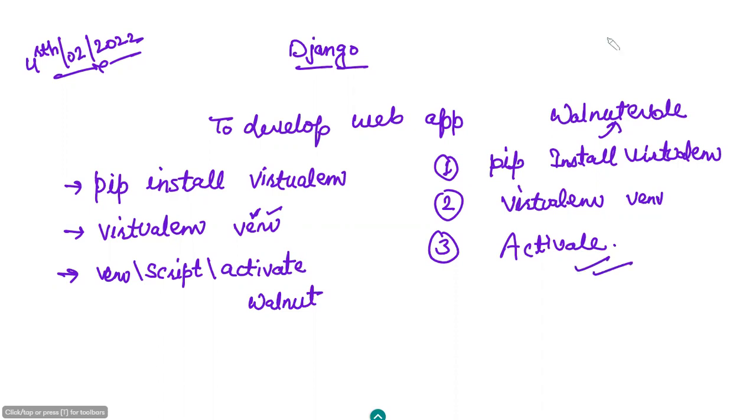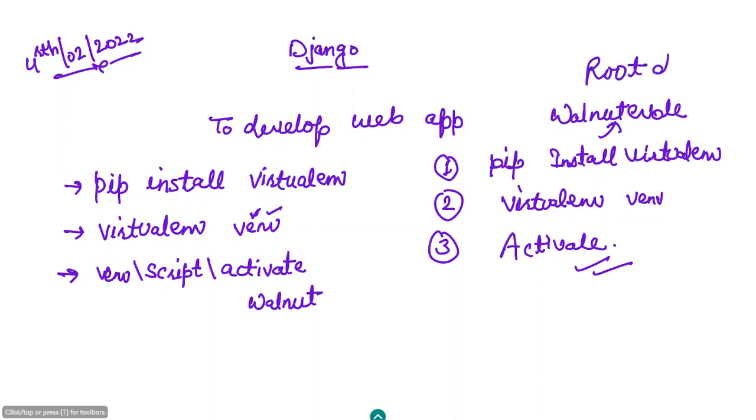So I have created the virtual environment. Remember that to create any project or application, you need to create the environment first in the root directory. This is my root directory, right?